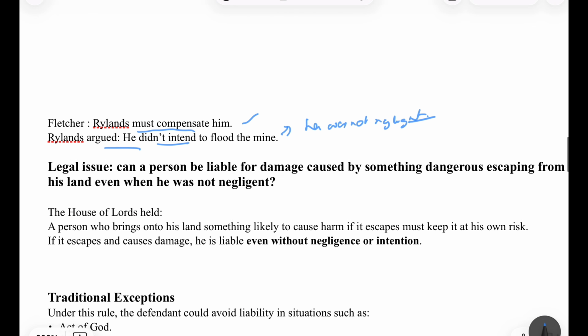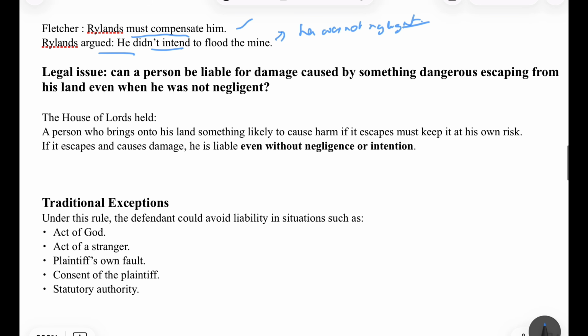So here the legal issue arises: can a person be liable for damage caused by something dangerous escaping from his land even when he was not negligent? See, firstly, negligence, unknowingly, or intention, these are mens rea.